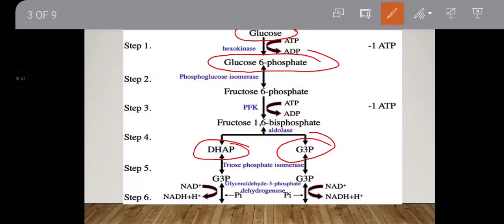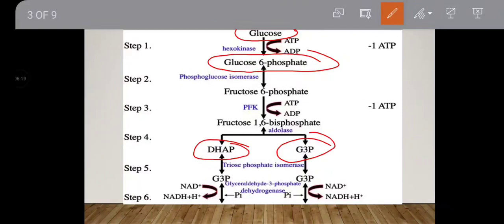So from the breakdown of glucose up to the formation of fructose 1,6 bisphosphate, this is what we call the energy investment phase, which leads to the breakdown of the 1 fructose 1,6 bisphosphate into 2 3-carbon compound molecules. As you can see here, ATP is used in the process at the first step and the third step.